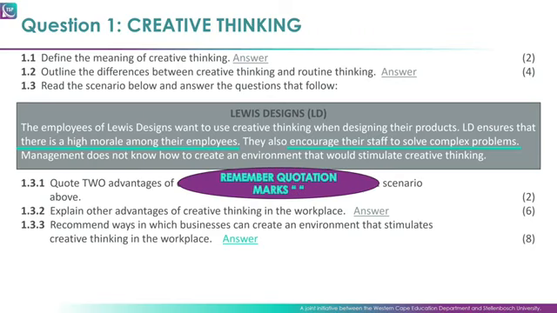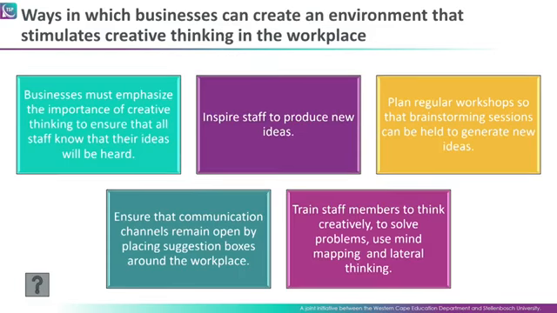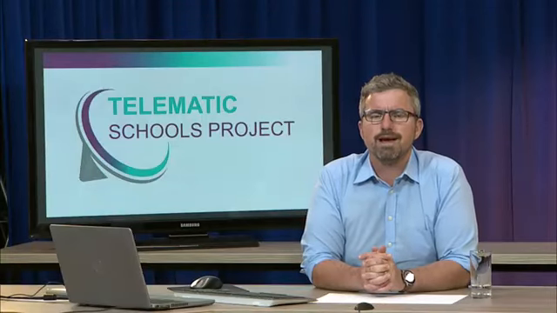So let's look at the possible answers there. It says recommend ways in which businesses can create an environment that stimulates creative thinking in the workplace. So we look at this slide here where you have businesses must emphasize the importance of creative thinking to ensure that all staff know that their ideas will be heard. The second one, inspires staff to produce new ideas. So you would need 4 of these possible answers in order to get your 8 marks.